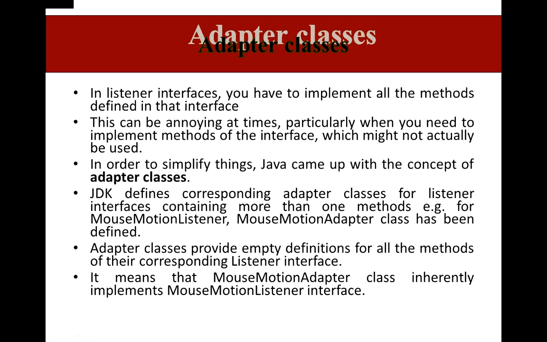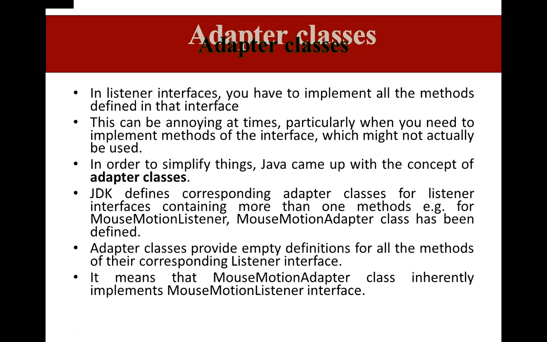Sometimes in Java, when you develop applications, we don't use all the methods which are available in the interface. At that time we don't require to implement those methods, but still we have to write the empty body of those methods.